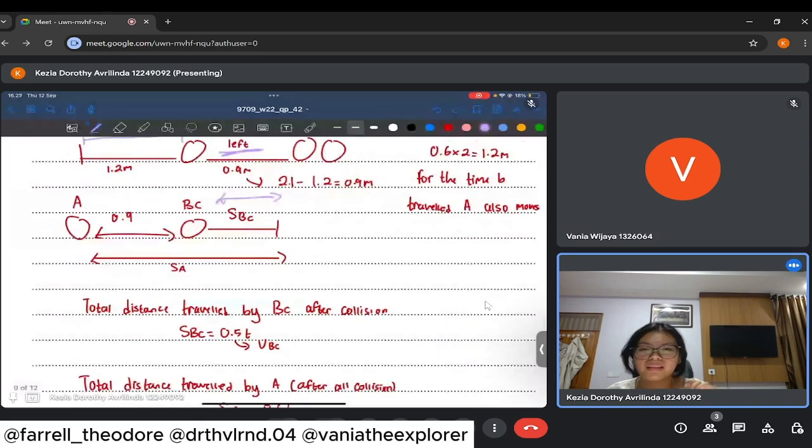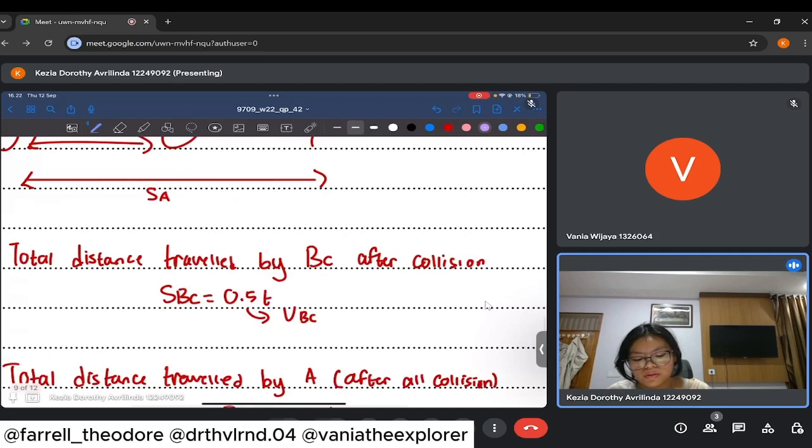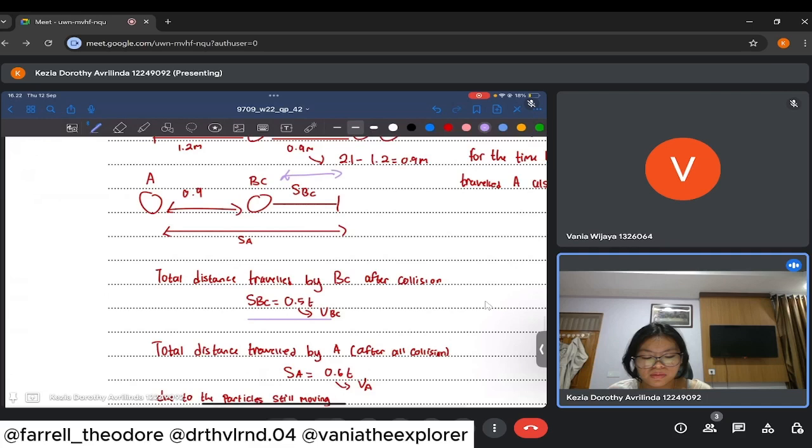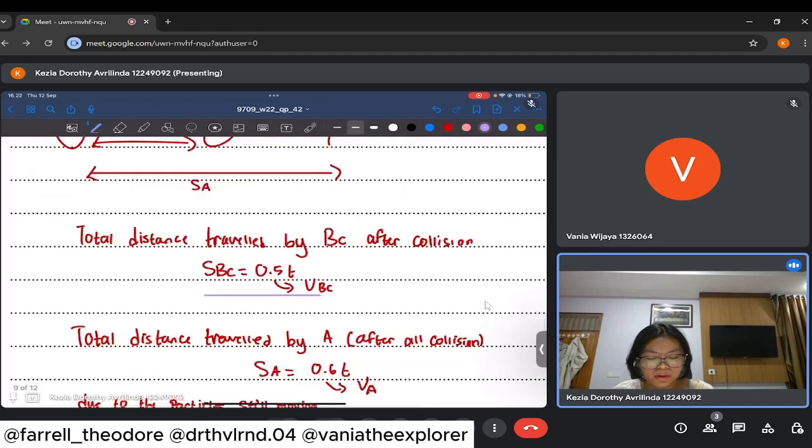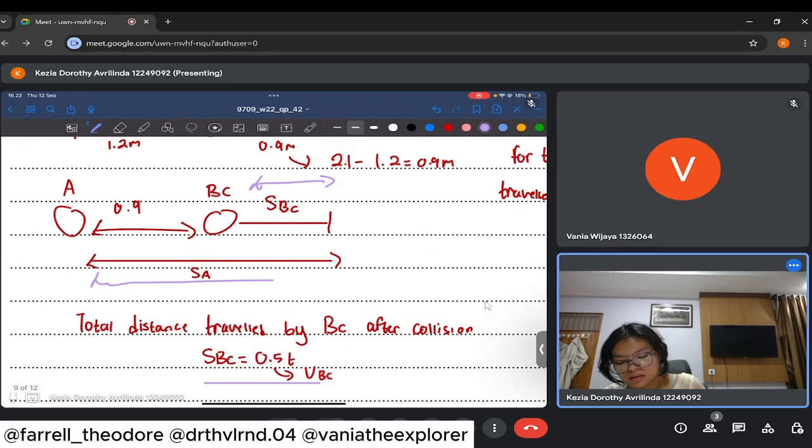Of course, the formula of finding distance is D equals to velocity times T. That's why we use 0.5T. This is the substitution of the total distance traveled by BC. But for the distance of particle A, it's this big line.